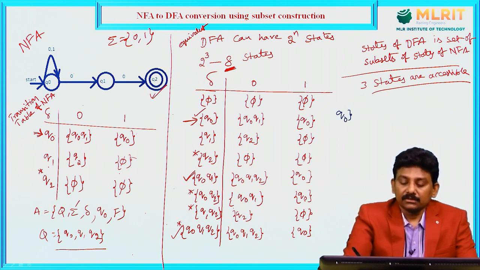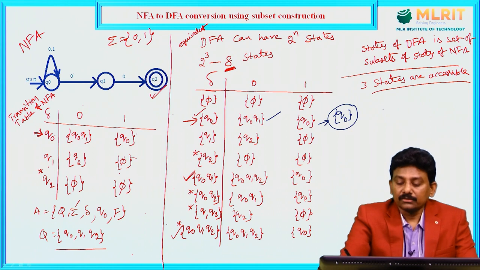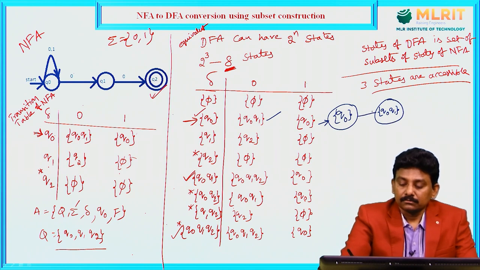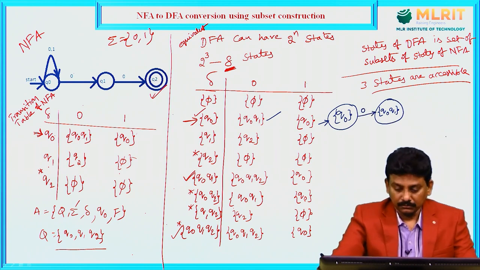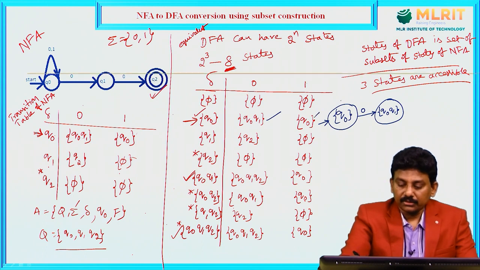Q0 is the initial state. Q0 on 0 going to Q0, Q1. Next, Q0 on 1 going to Q0.